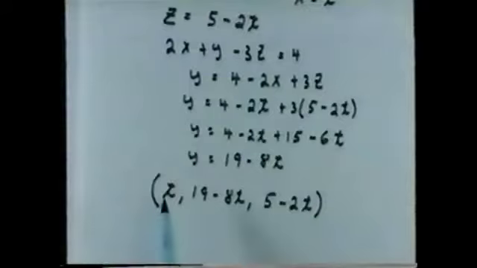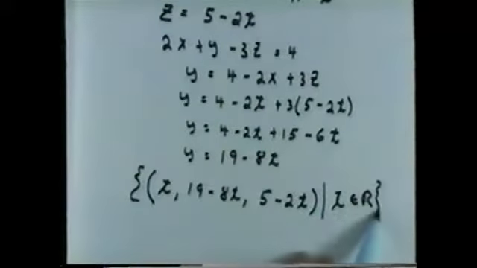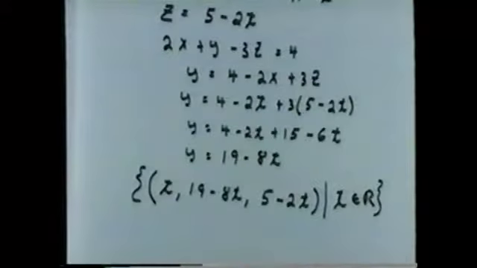So the solution will be the set of all ordered triples (t, 19 minus 8t, 5 minus 2t) such that t is a real number. Now I can write it in braces like this, t is an element of the real numbers, so there is your solution set expressed parametrically.